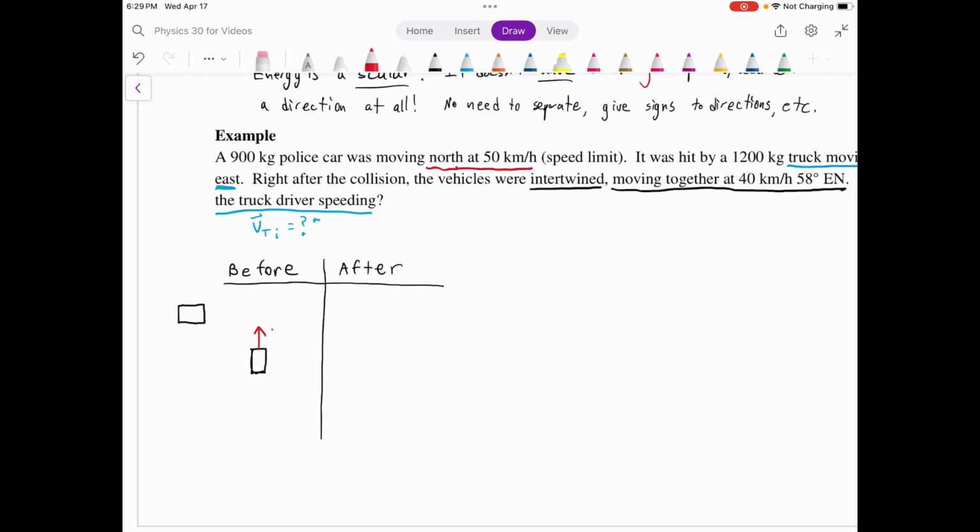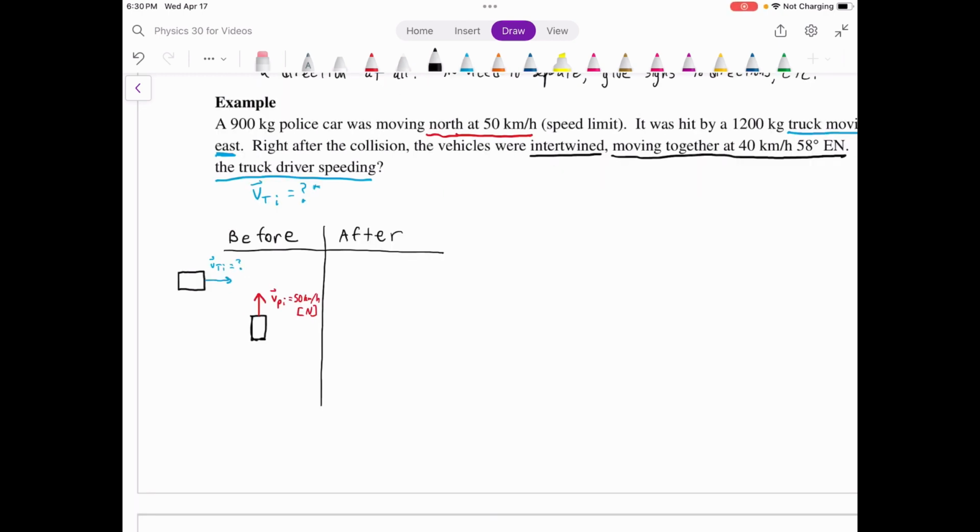So I'm going to say velocity, I'm going to say P for police, okay? Initial is 50 kilometers per hour straight north, okay? And then the velocity of the truck, we know it's straight to the east, but we don't actually know what it is. That's the point of this question.